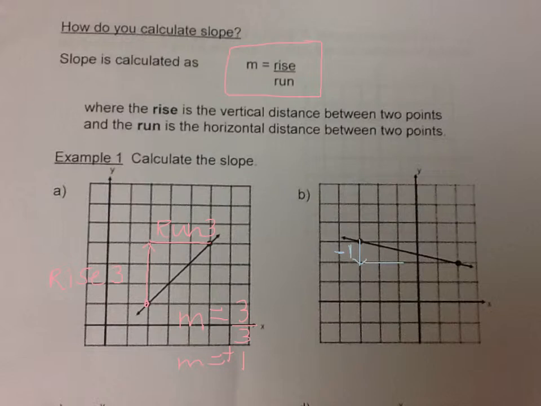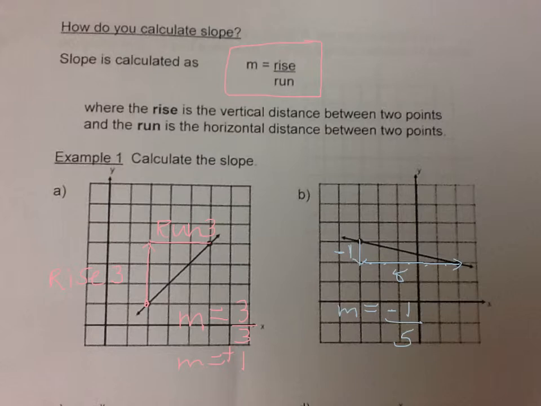Then I'm running across, and notice I'm going to the right, so I'm still going in a positive direction: 1, 2, 3, 4, 5. So in this situation, the slope is rise over run, so it's -1 over +5. Notice that the value of slope that we're getting is a negative value. Hopefully this makes sense and recalls to you when we talked about negatively sloping lines when we worked on the iPads in class.